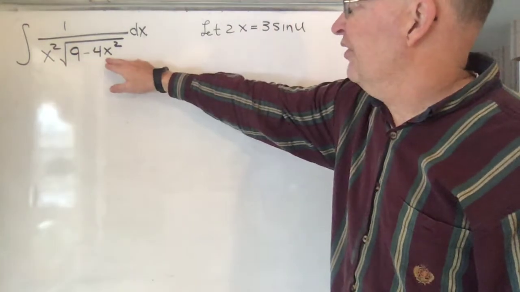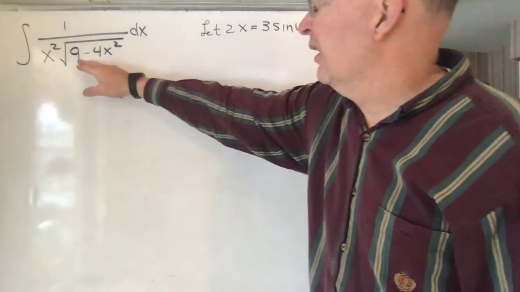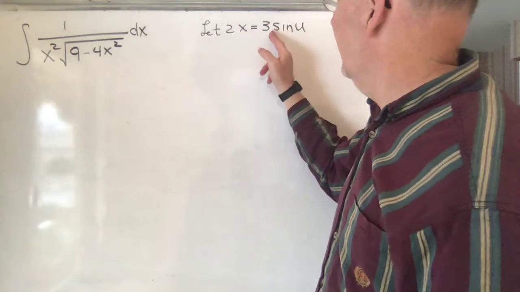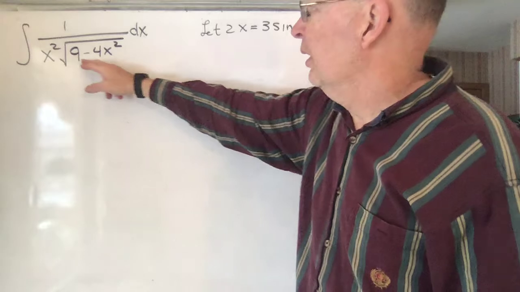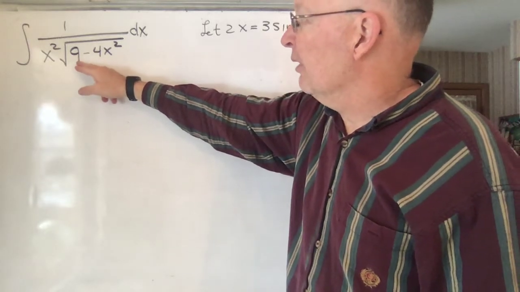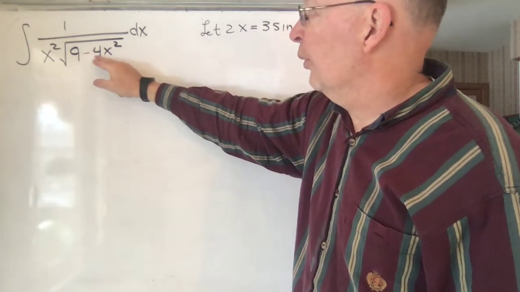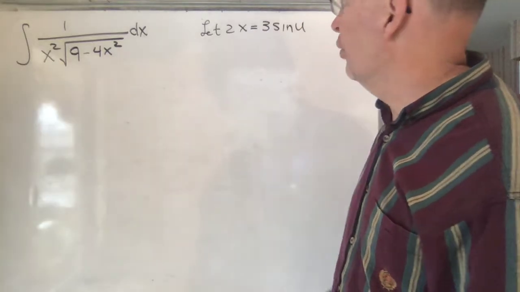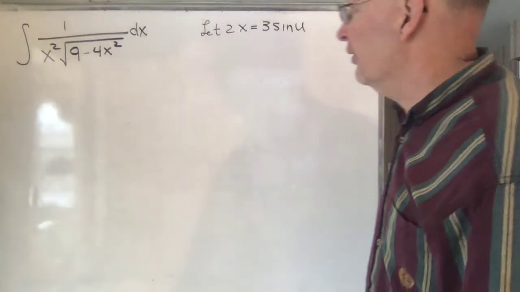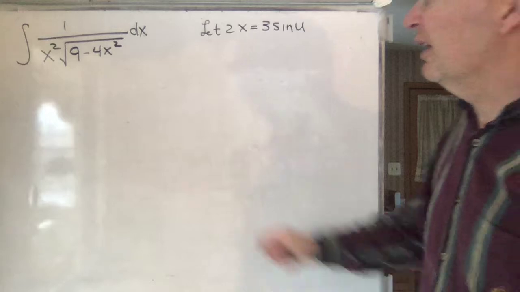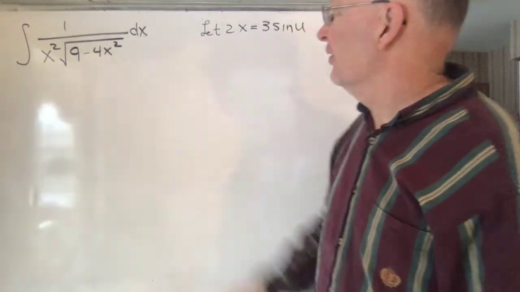Then for this thing squared, I'd be able to put in a 9 sine squared of u, and I'd be able to factor the 9 out, and I'm left with 1 minus sine squared. 1 minus sine squared is cosine squared. You take the square root and you get the cosine. No problem. That's very nice, as long as you have a minus there.